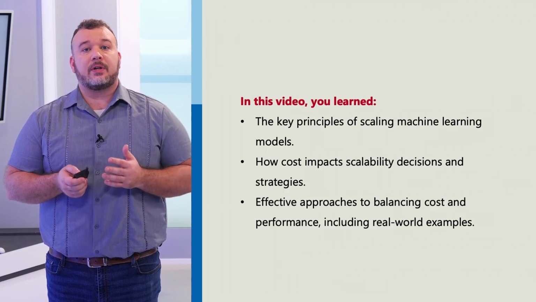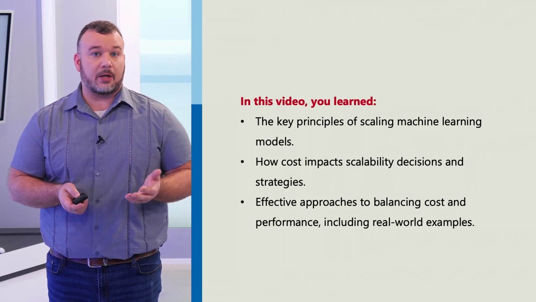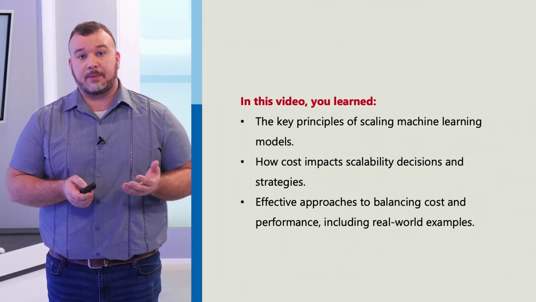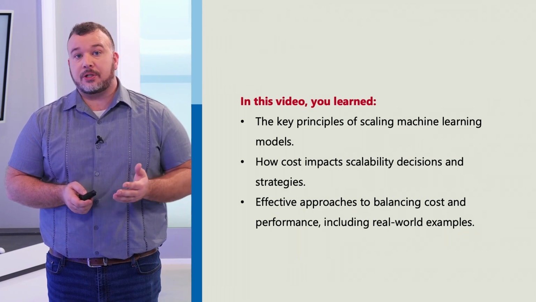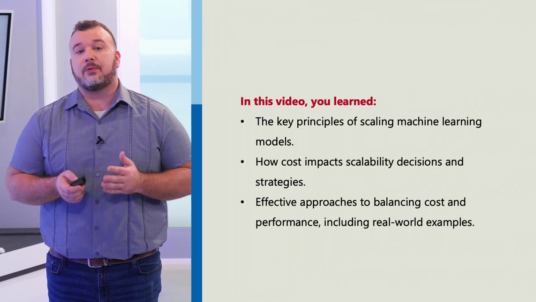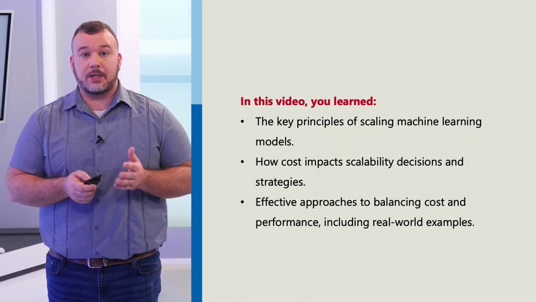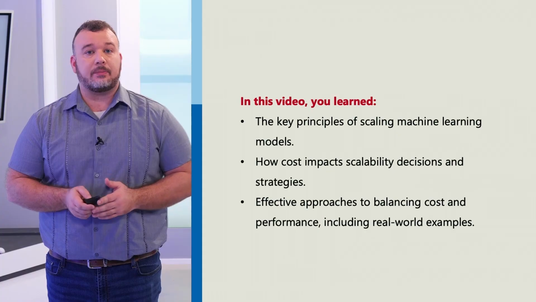Additionally, you discovered effective strategies to balance cost with performance, such as auto-scaling, simplifying model architecture, or adopting hybrid solutions. A real-world example also illustrated the importance of thoughtful scalability planning, showcasing how businesses can optimize resources while still maintaining high-quality outcomes.